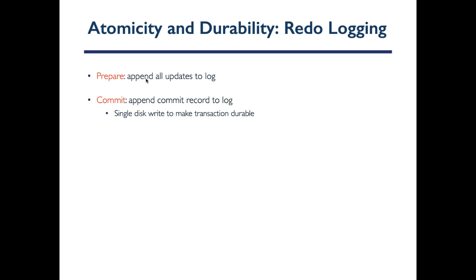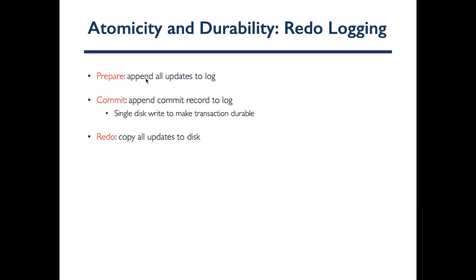What happens is that after this commit is written in your log file, you want all the operations to now be permanently executed on your data. This is where you do the redo. Why is it redo?